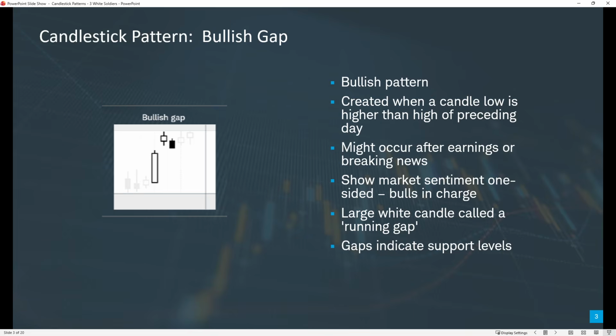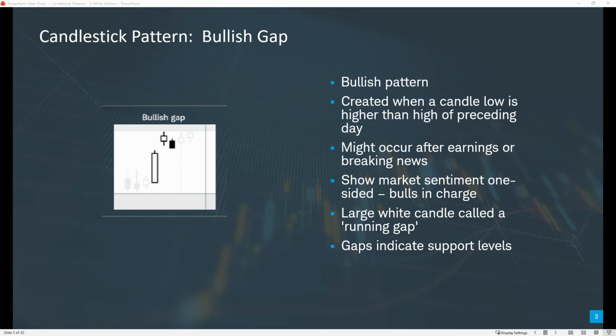Some traders might look at a gap and consider this to be a support level right here, the low of the day, and this to be a support level, the high of the day from which it gapped. If it broke down below the high of where it gapped from, that might be considered a failed gap. So the bullish sentiment created by the gap has now been negated.